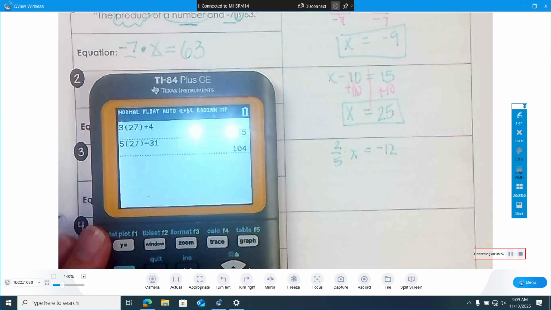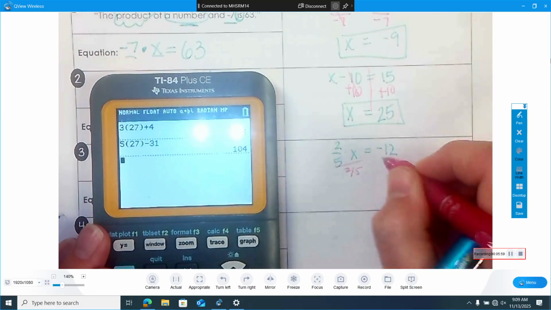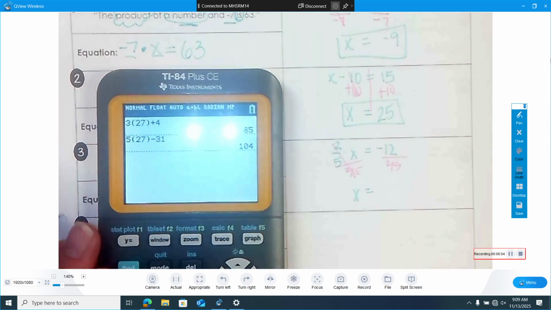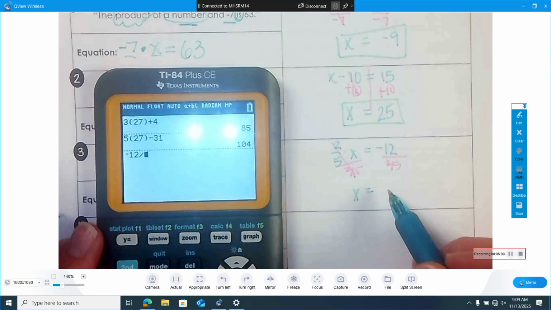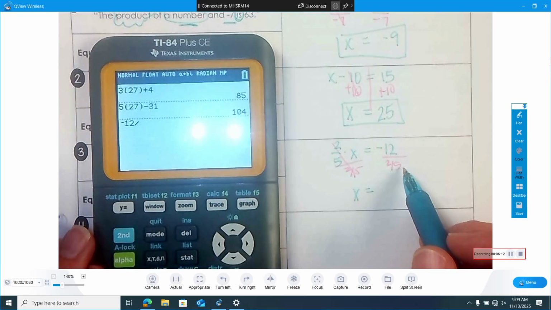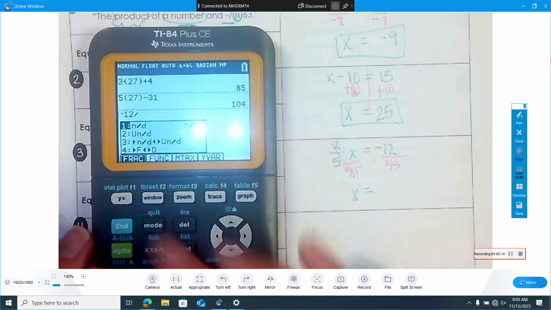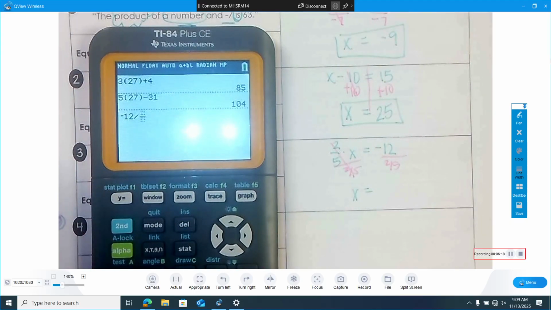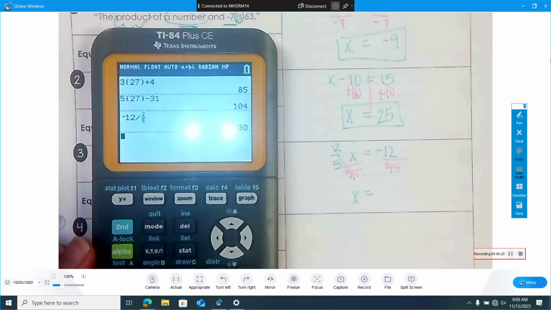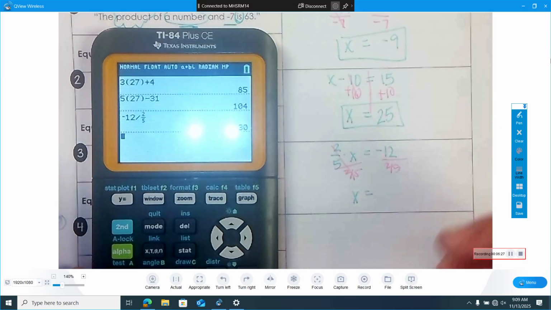So if I divide by 2/5, then x is by itself, and in my calculator I can do -12 divided by, how do I put it in the fraction? Alpha F1, very good. We want that fraction menu, so 2/5. So -12 divided by 2/5, and we get -30.